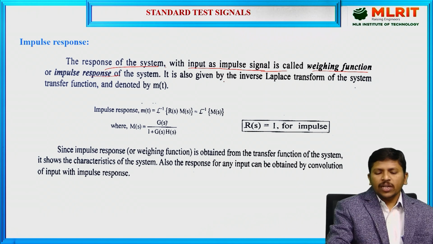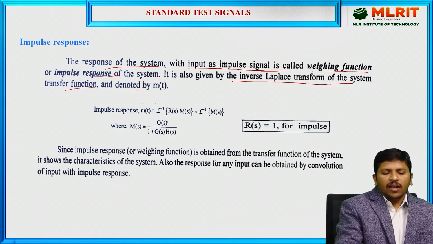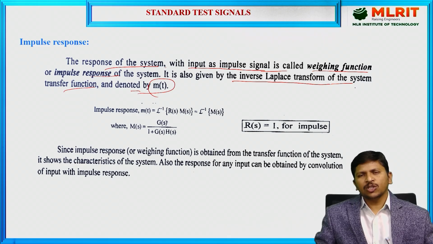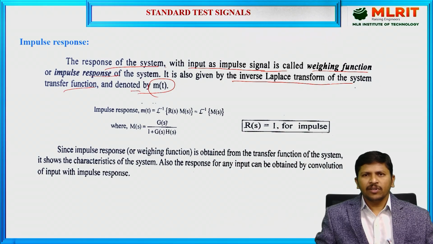It is also given by the inverse Laplace transform of the system transfer function, and it is denoted by m of t. Another name for impulse response is the weighting function. Keep it in mind: if an impulse signal is applied to any system, the response we get is the impulse response, or weighting function.